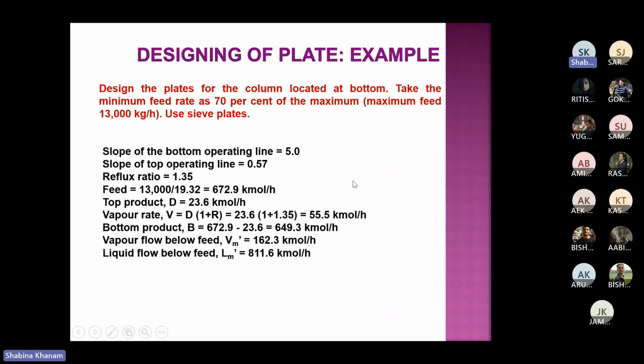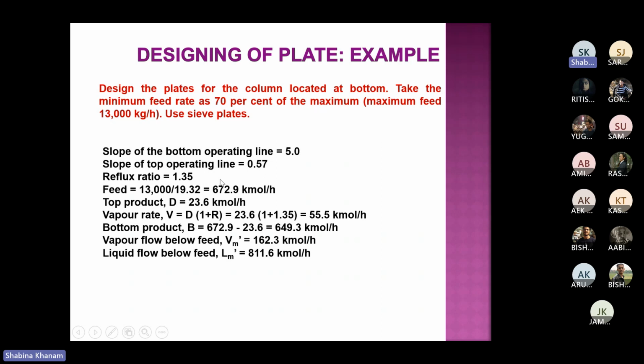Different parameters are already given, and this plate design will come once you have made the mass and energy balance in the distillation column. You have decided the reflux, everything depending upon the operation, and then you need to proceed to single plate design. So we already have this data. The slope of the bottom operating line and top operating line, you can consider as 5 and 0.57 respectively.